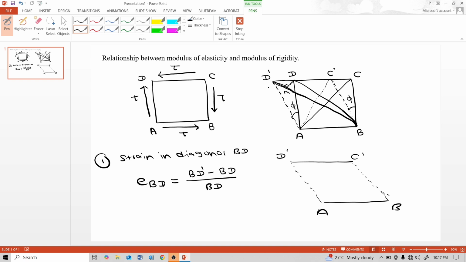That much length is the change in length.